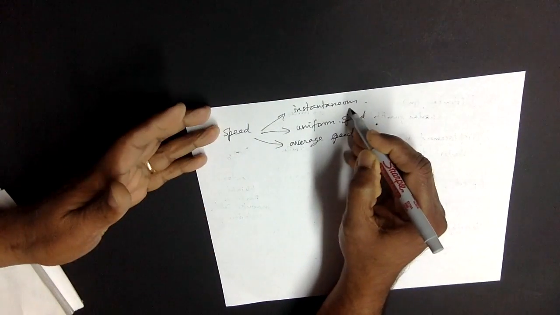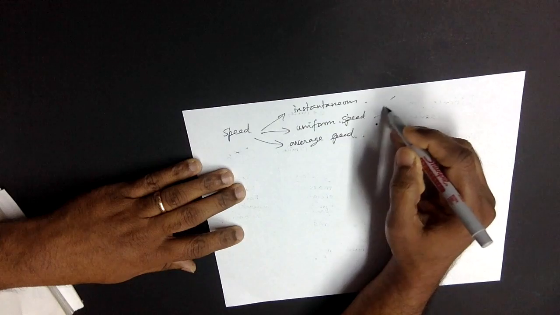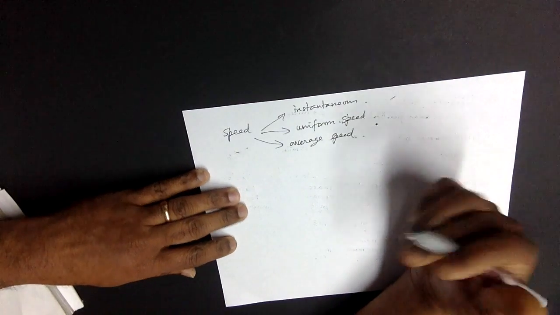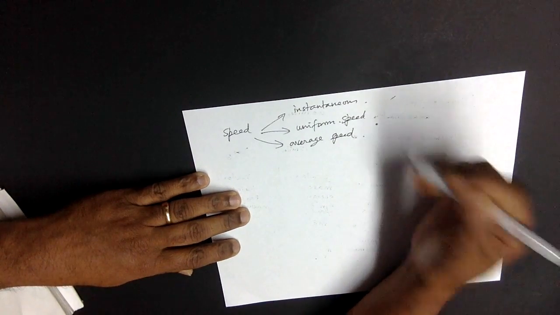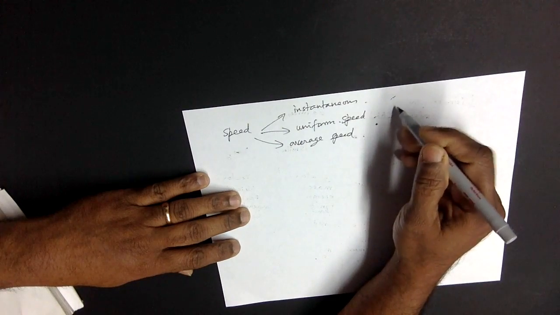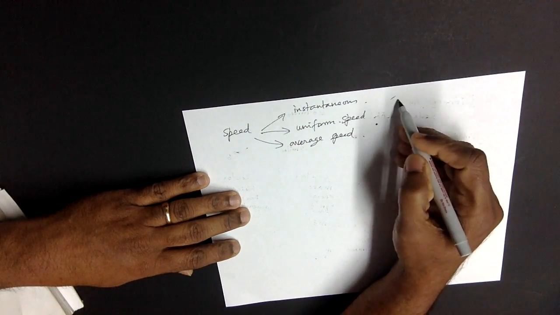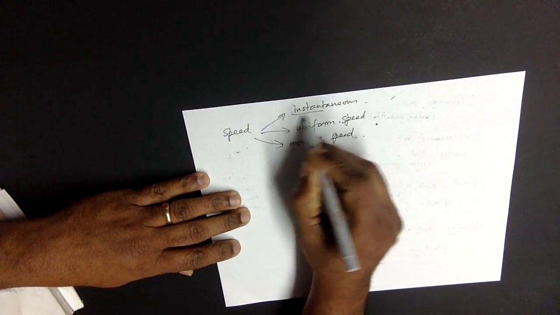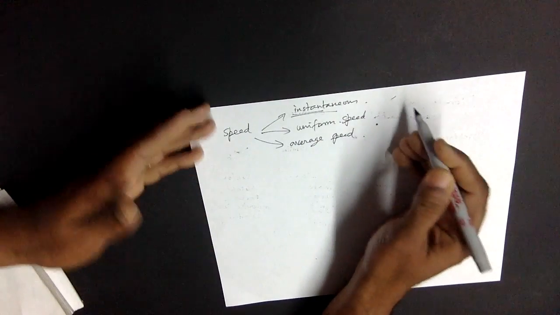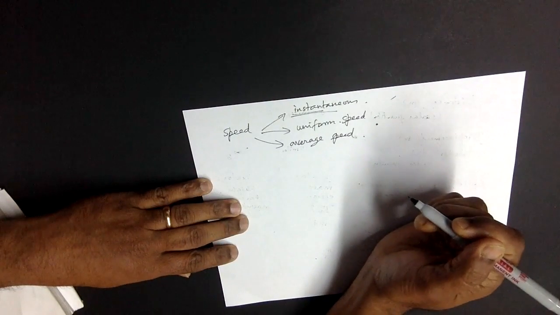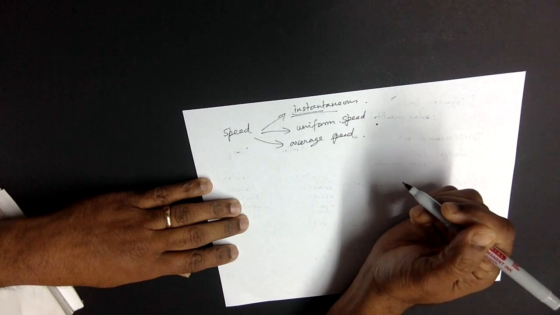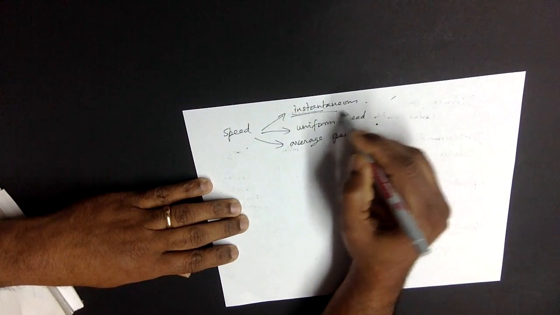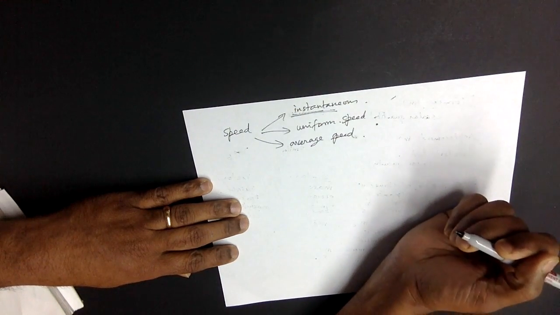So you can have instantaneous speed, which means you may be going at different speeds. For example, you take off from home and you're coming to school, you're driving at different speeds. So at a certain instant of time, what was your speed? That's actually called instantaneous speed. And in your car, the speedometer gives you the instantaneous speed.